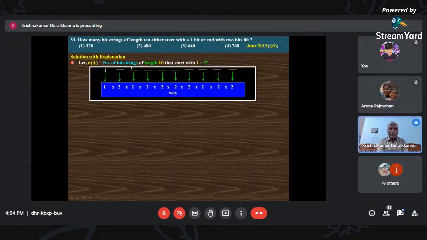Totally 2 into 2, 9 times, that is equal to 2 power 9. Then n(B) is the number of strings of length 10 that end with 00.